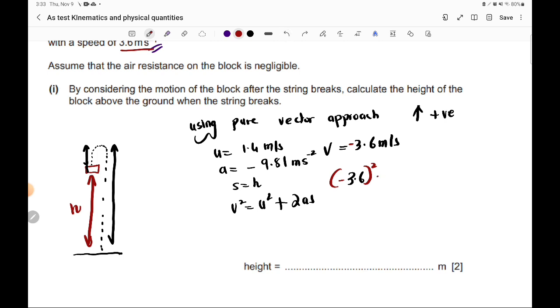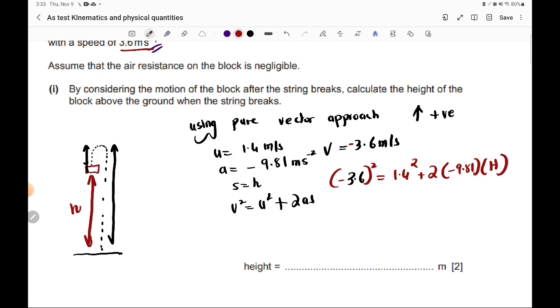This is equal to u squared, which is 1.4 squared, plus 2 times the acceleration, minus 9.81, and we have the height h. Let's find it in one single operation.